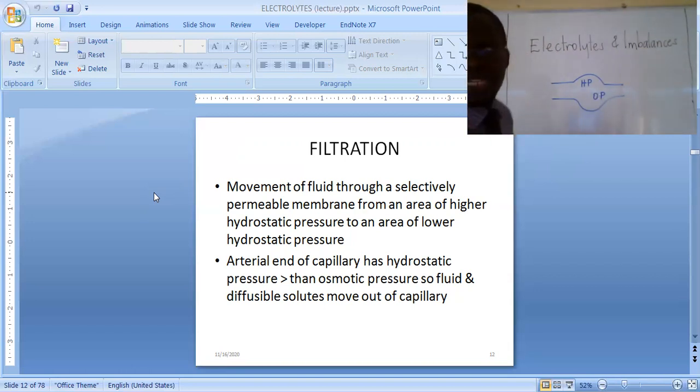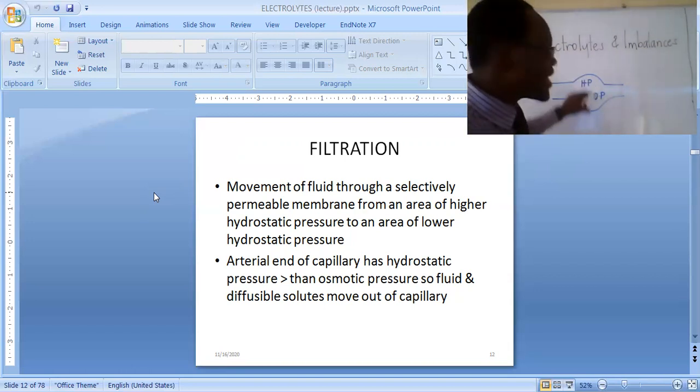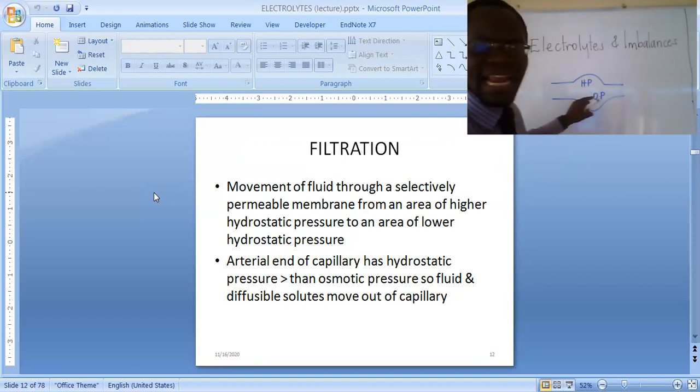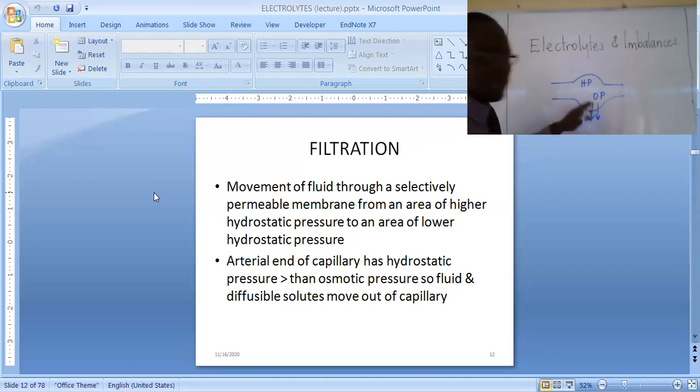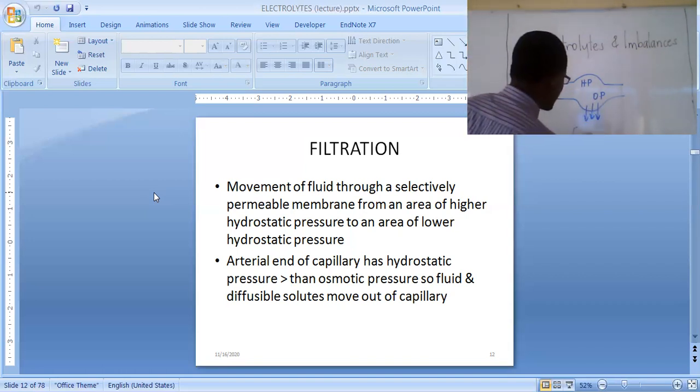Now, when these two forces reach the capillary level, usually the hydrostatic pressure is higher than the oncotic pressure. As a result, the fluid moves out of the capillaries to the parenchymal cells, or to the interstitial space.